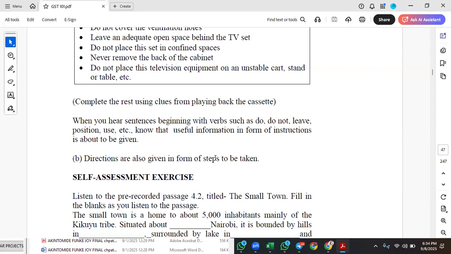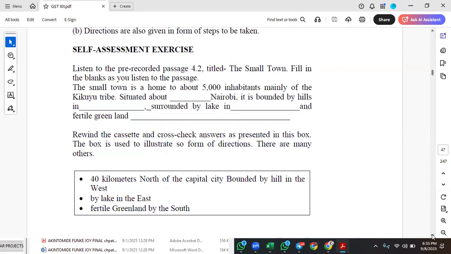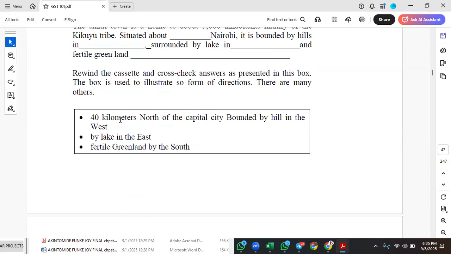So let's go to information given in form of steps. Directions are also given in form of steps to be taken. Like, for example, here we have 40 kilometers north of the capital city, bounded by hill in the west. This is a direction.